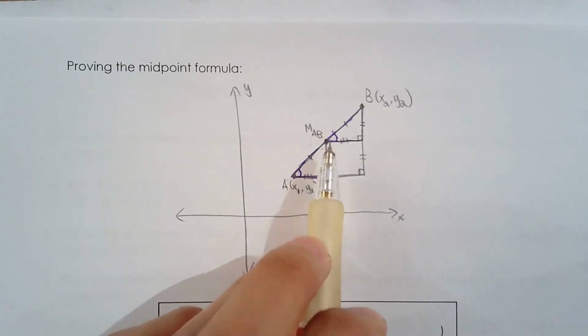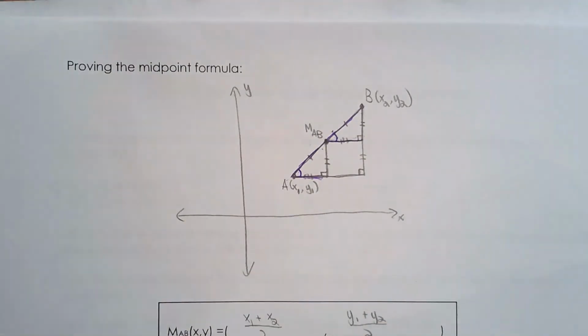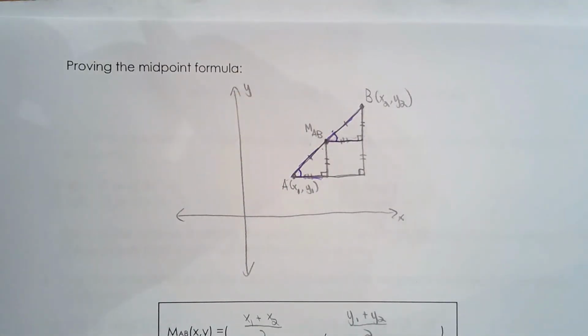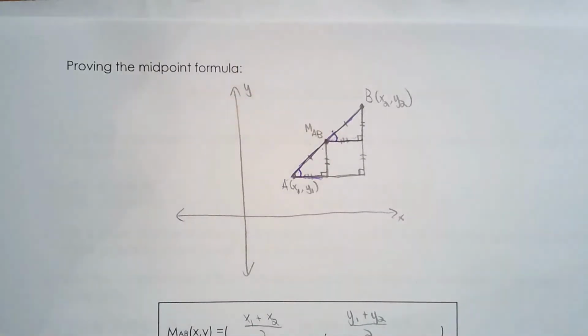And if you want exactly the midpoint of the line segment, you average the x and the y-coordinates. So just really stare at the diagram for a few good minutes, and it will be pretty obvious that it makes perfect sense to average the x values and average the y values. But it all is based on the fact that these two triangles are congruent, and it really makes sense that they're congruent.